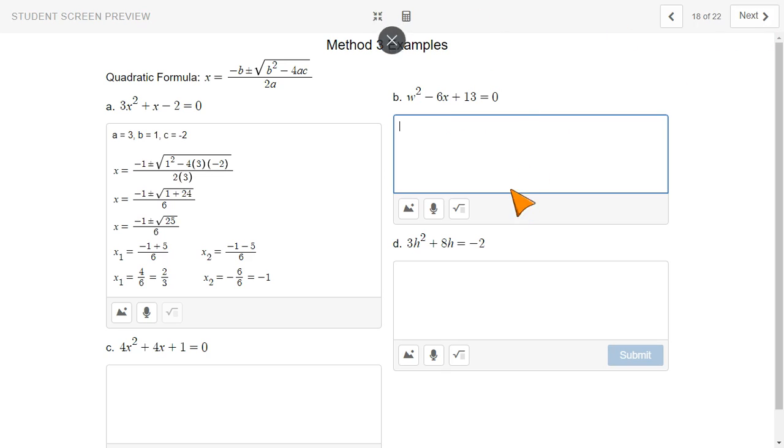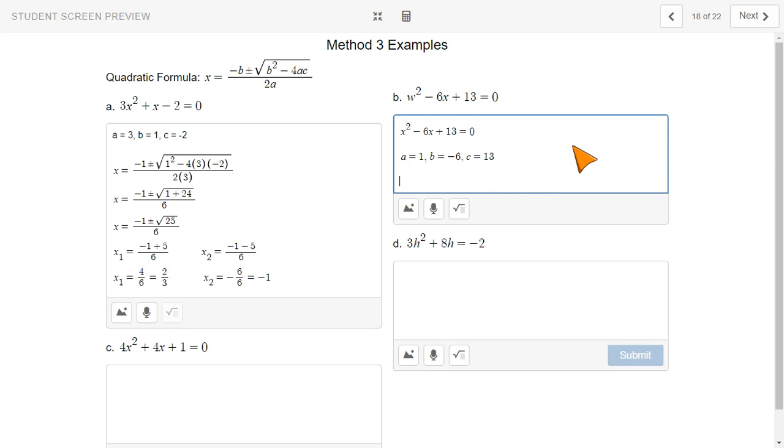Second example. Please excuse the w squared. It should have said x squared minus 6x plus 13 is equal to 0. Okay, a is equal to 1, b is negative 6, and c is equal to 13.